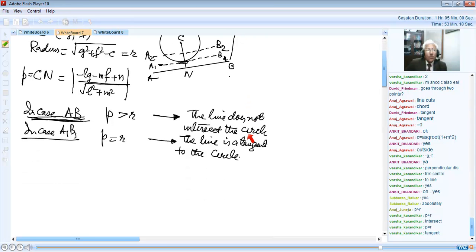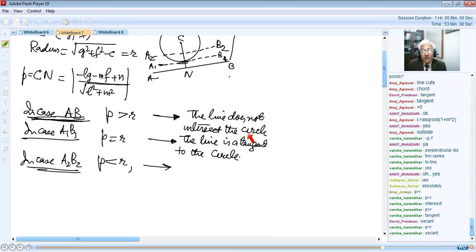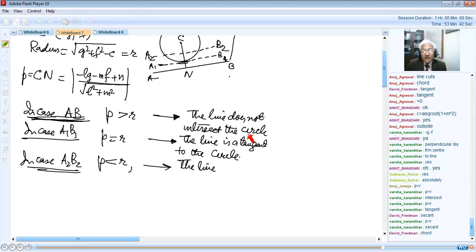Clear? Now, in case of A2B2, tell me what happens. Yes, P is less than R. Very good. The line is a secant. The line cuts the circle in 2 points.